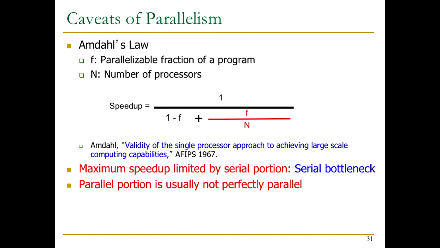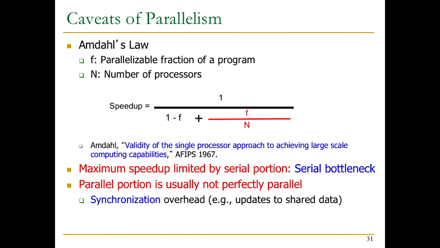Well, this is assuming that all of the processors have the same work, right? Same load. But that may not be true. So the first one is sharing, like synchronization overhead. You get a lot of synchronization overhead here if you don't do it well. Updates to shared data. The second one is load imbalance, the last thing I said. You have imperfect parallelization. Some processor may have a lot of work, some processor may have little work for various reasons.